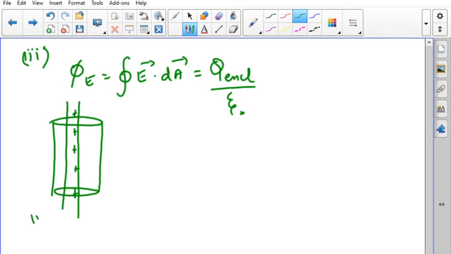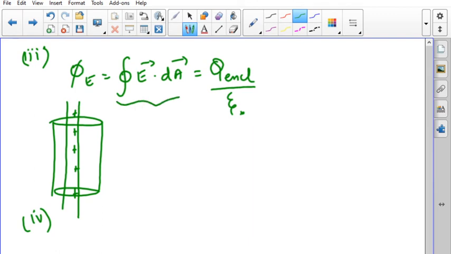And the fourth point is, in the left hand side of the equation, that is phi E is equal to integral E dot dA vector, here it is due to charges present inside and outside the Gaussian surface, but the charge Q enclosed denotes the charges which lie only inside the Gaussian surface.